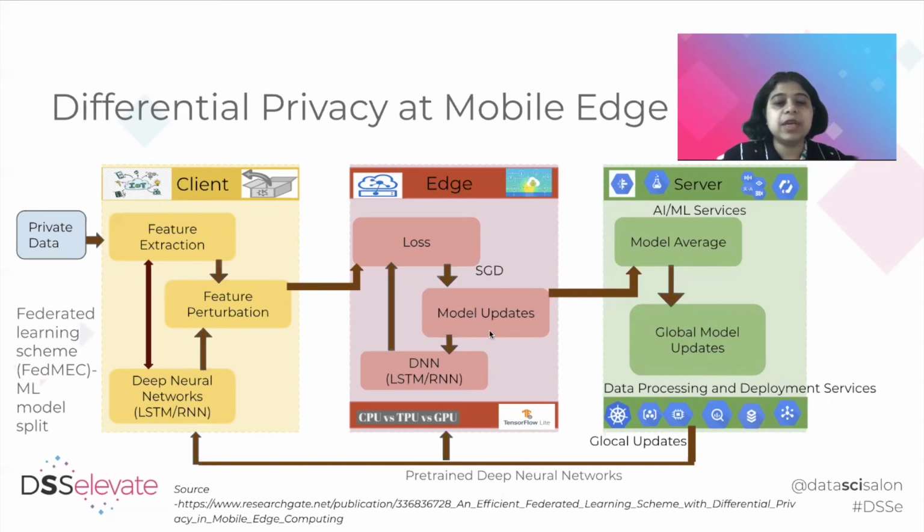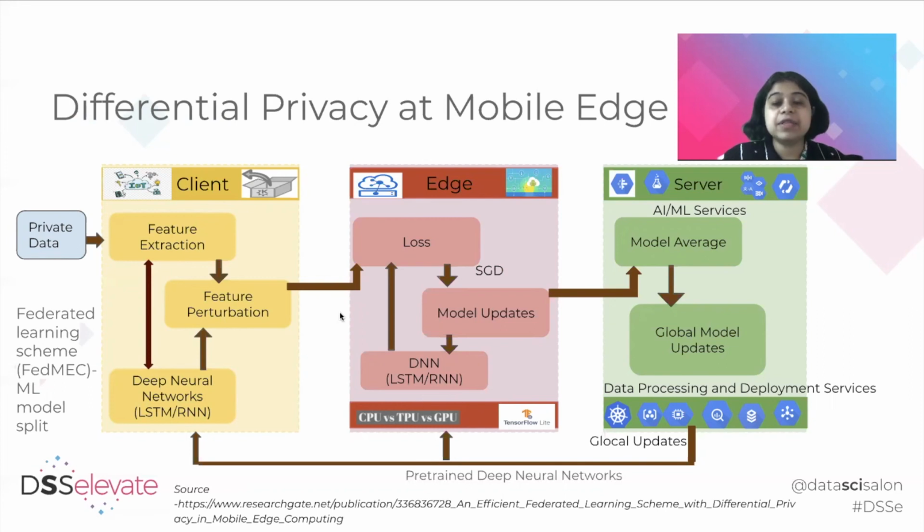What we see here is that the server trains a model and splits it into two models. One is sent to the client, another is sent to the edge server. The client is responsible for extracting the features, adding noise, and training through a deep learning LSTM or an RNN, and then sending it back to the edge server.